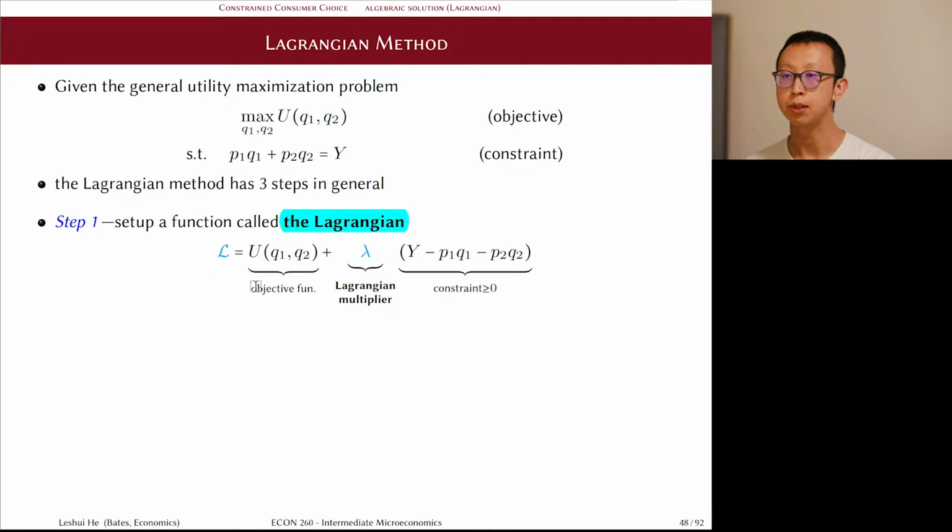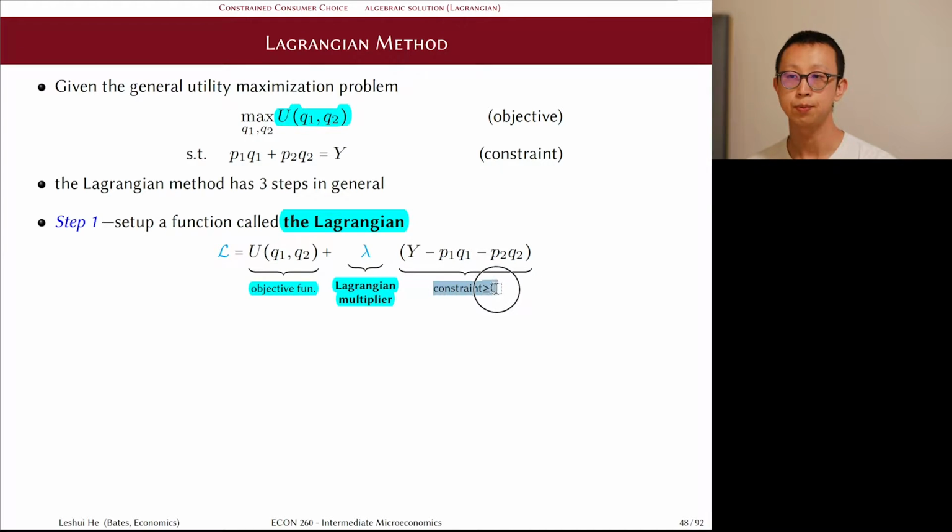The first piece is just the objective function copy-pasted from the utility maximization problem. Without any specific functional form here to use, we will just write it as a general utility function that depends on Q1 and Q2. The second piece of the Lagrangian is an introduced variable, which is denoted by the Greek letter of lambda. This variable is called the Lagrangian multiplier because it is just being multiplied to our third piece here.